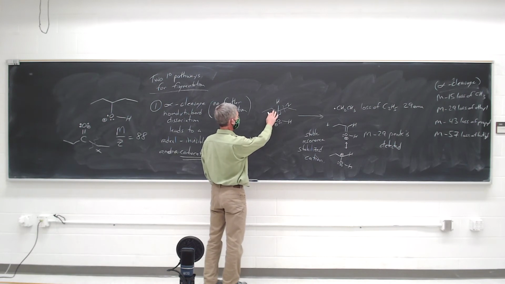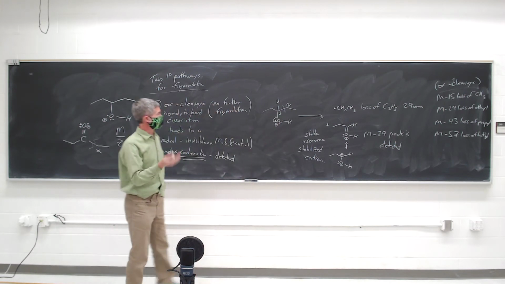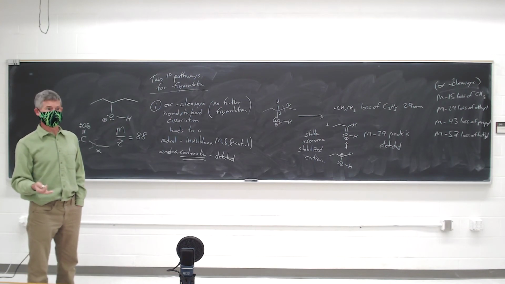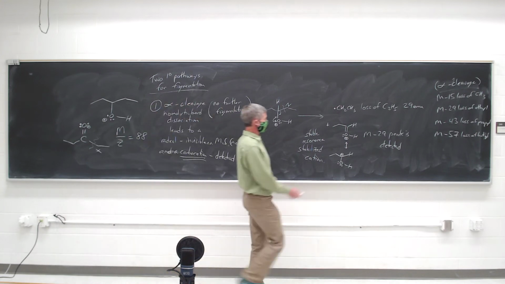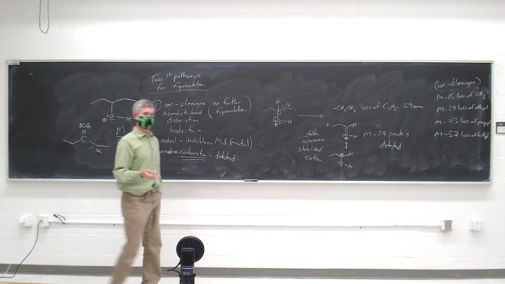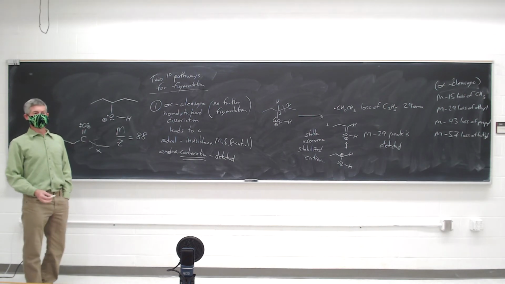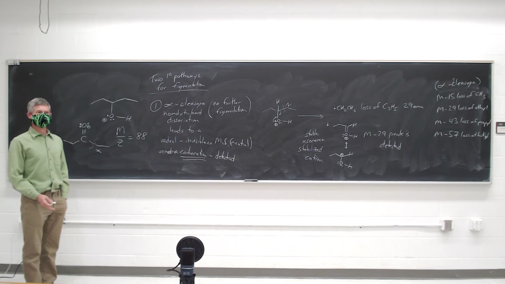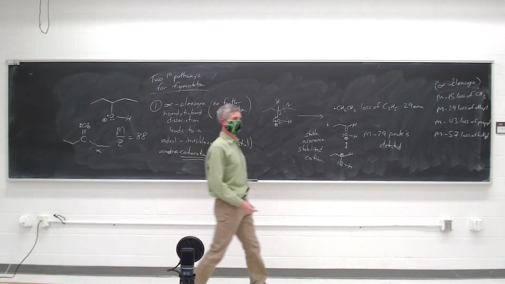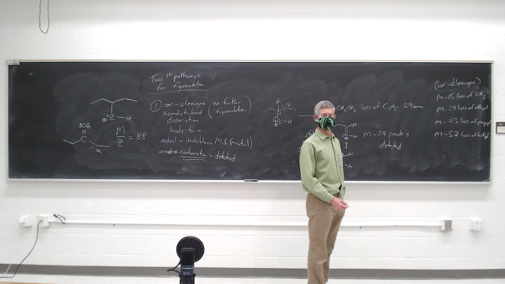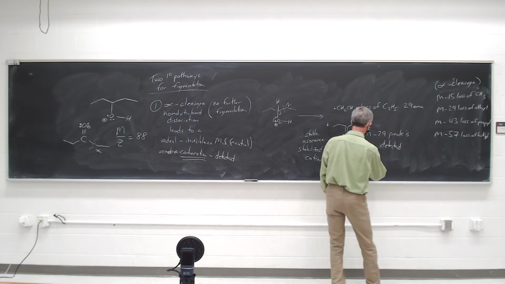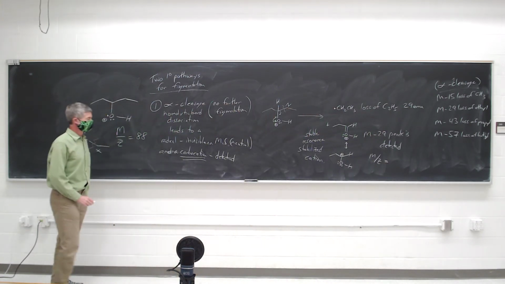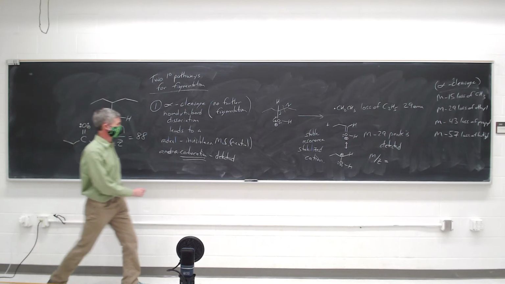In this case, there's two different bonds that could cleave with loss of C2H5 radical. That's probably going to be a pretty good pathway. So we're going to see a fairly large peak at M minus 29. So what is M minus 29 from a molecular weight of 88? Take away 30 and add 1. I said 59. 59.